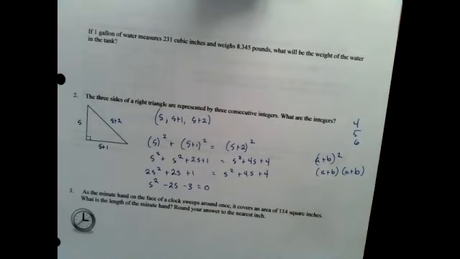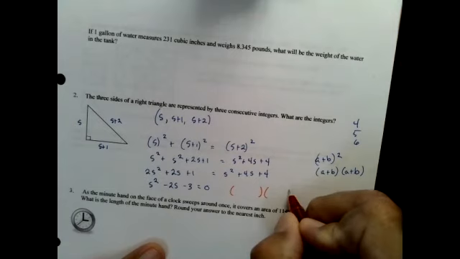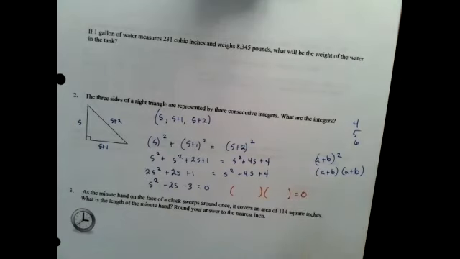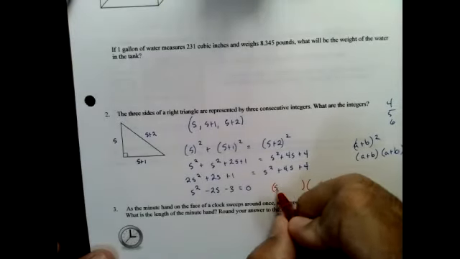I have a whole section worth of ways to solve this quadratic equation. Well, we're going to have to factor it so I can use the zero product property. It's going to be s and s.